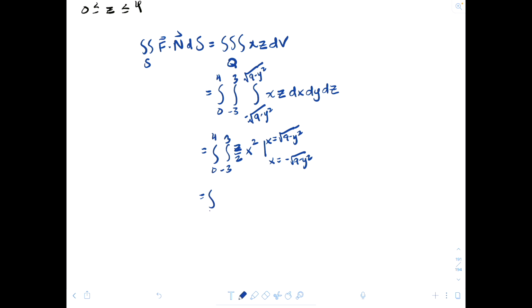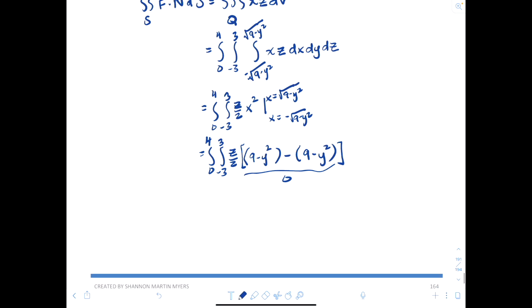And so we'll integrate 0 to 4, negative 3 to 3, and when I square x, I'll end up having z over 2, and 9 minus y squared is our top limit of integration. Let's square away that radical. And then minus, it'll square away the negative, so again I'll have 9 minus y squared, which is 0, right? So that means the whole thing has to be 0.